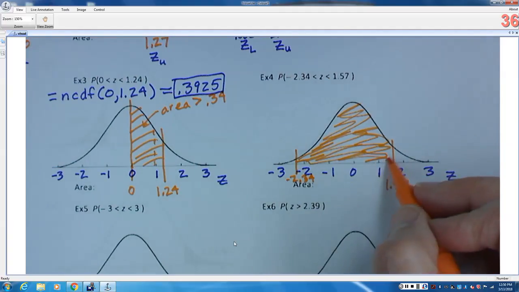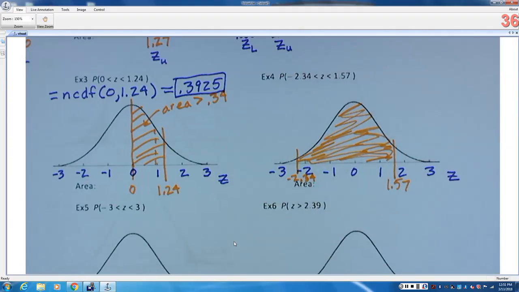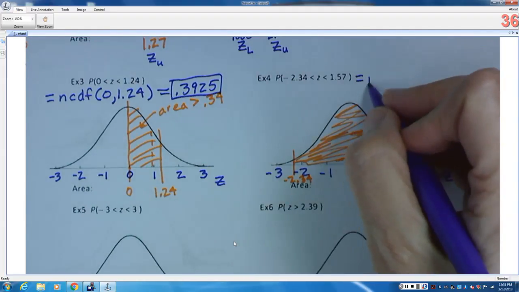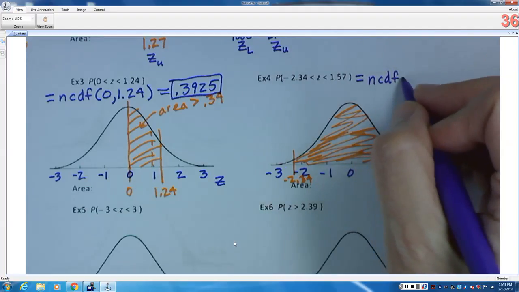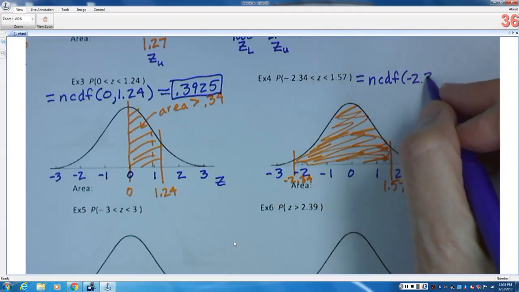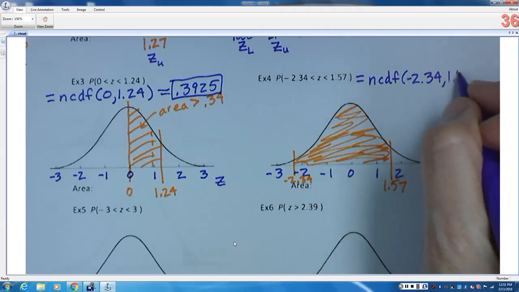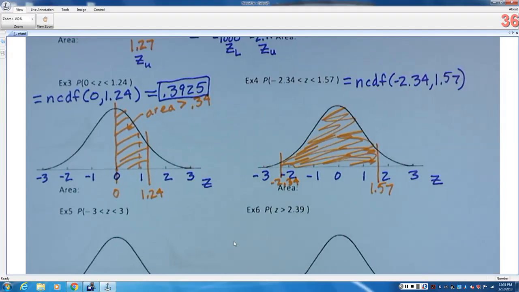That is going to be most of the curve. If you get a number that's less than half, you know it's wrong. But you're just going to put in normal CDF, negative 2.34, comma 1.57.